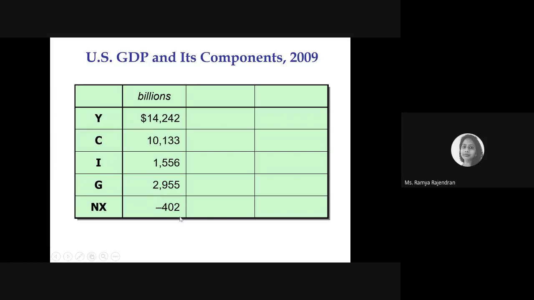But net exports are negative, because the US is importing more than exporting. As a percentage of GDP, consumption was around 71%, investment 10%, government purchases 20%, and net exports -2%.